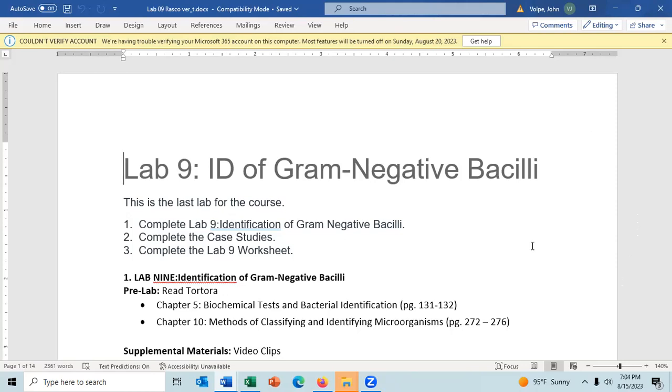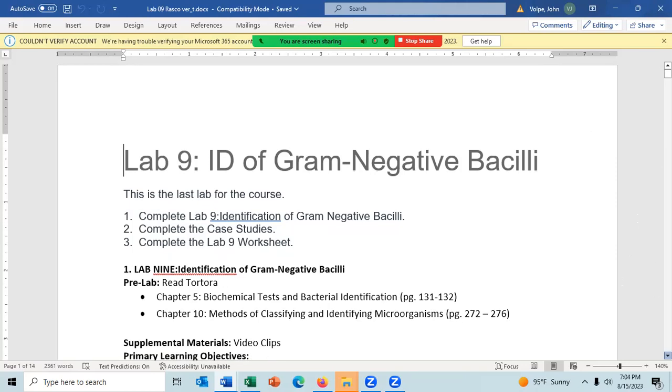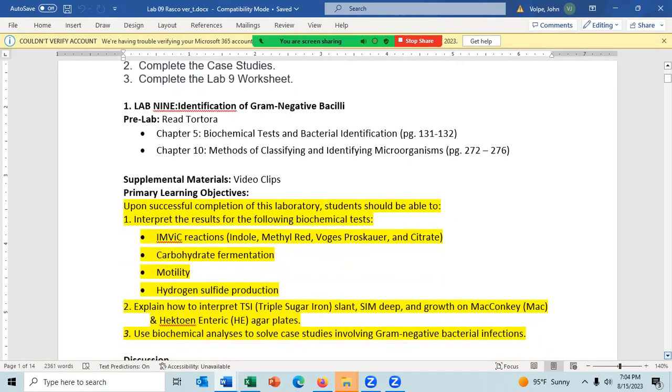All right. So there's some reading, which is normal for the lab, but there's not very much today. Just a few pages on biochemical tests. Actually, only one page there, and then a few pages on classifying and identifying microorganisms. There will be some video clips in today's lab.